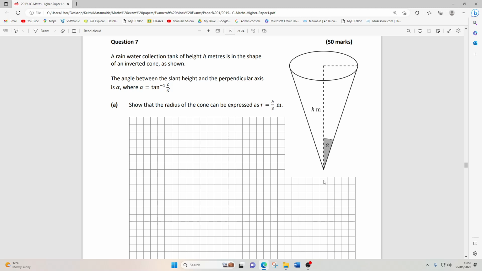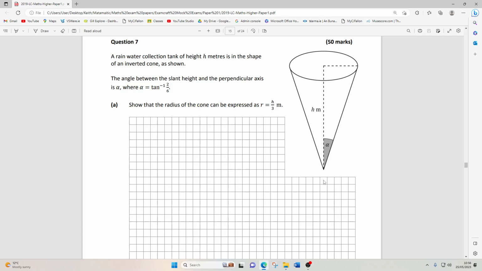Now, go back to the trigonometry. Draw the right angle triangle. Show the alpha, show H, and show R. Now we do tan. Show the hypotenuse, the opposite, and the adjacent.